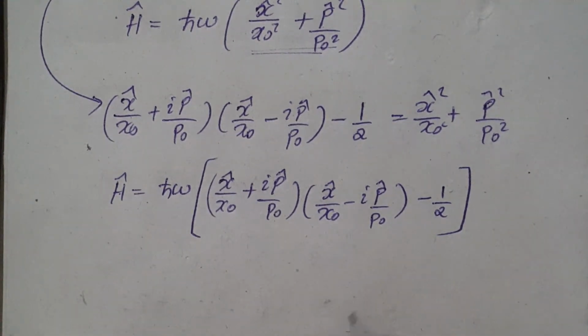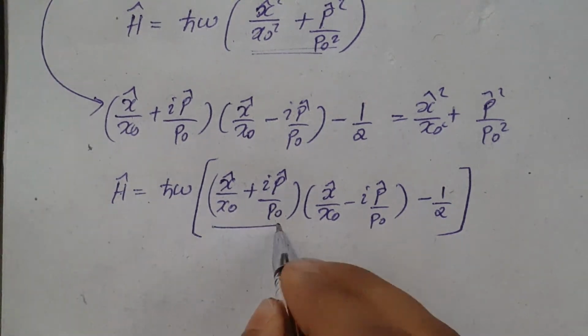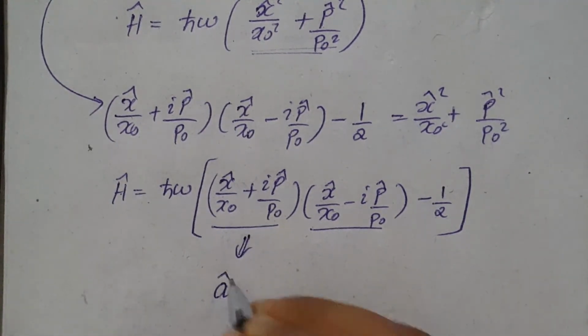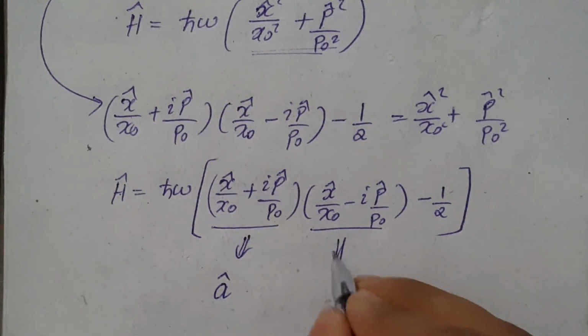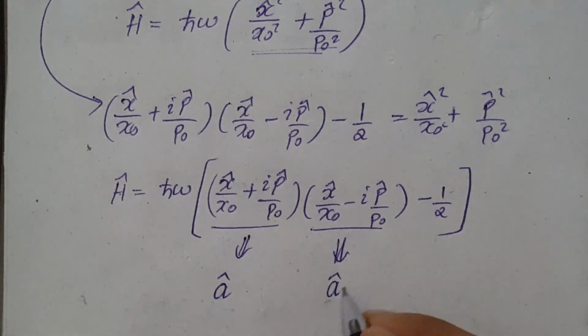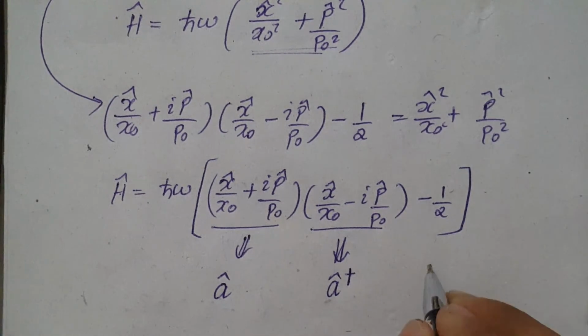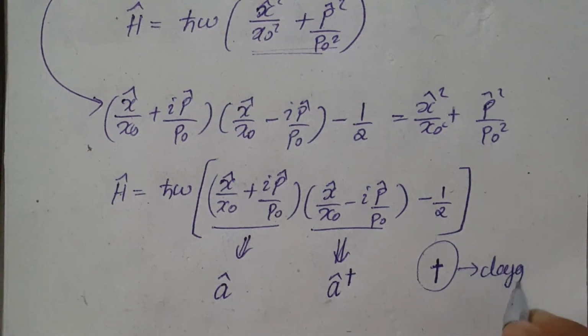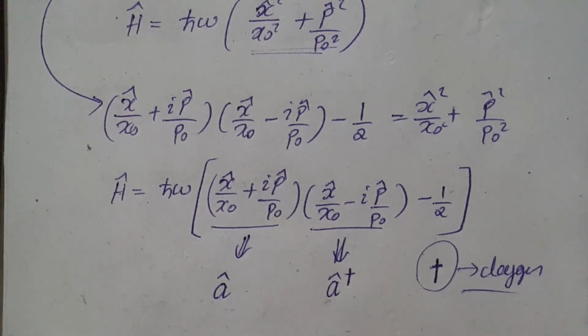Now, to make it short, we can name this with something, right? So we will call this expression a cap, and this one we will take as a cap dagger. When this symbol is put over an operator or matrix, we will call it dagger. I will explain it soon.